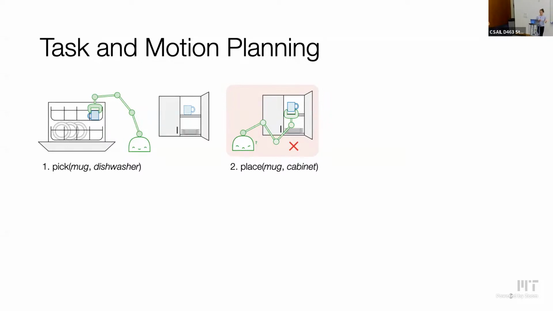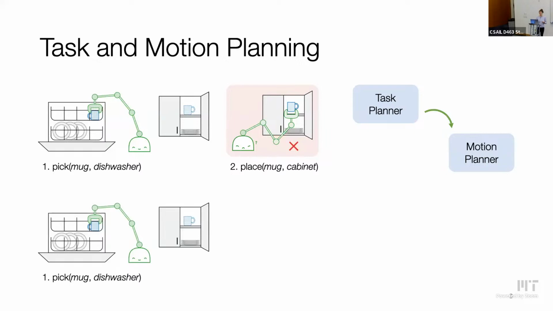But if the robot actually tries to execute that in the real world, it may very likely fail by colliding the gripper with this cabinet. So we need to pay attention in robotics to these geometric details at the lower level by, for example, doing some kind of motion planning to check if a task plan is actually geometrically feasible or not.